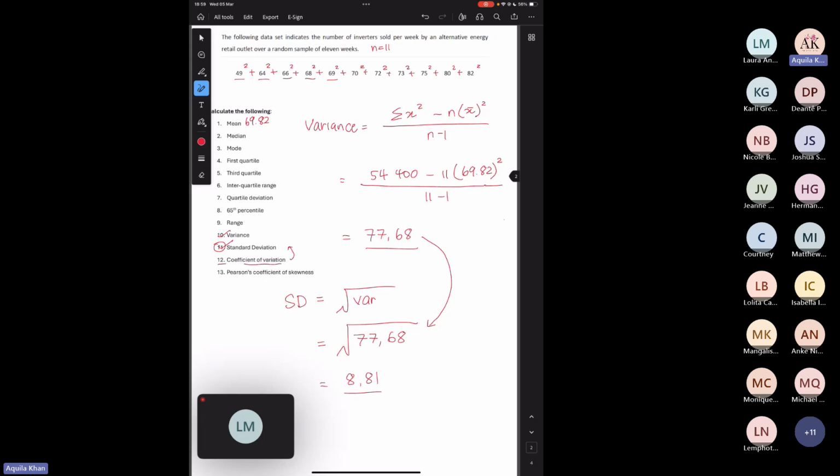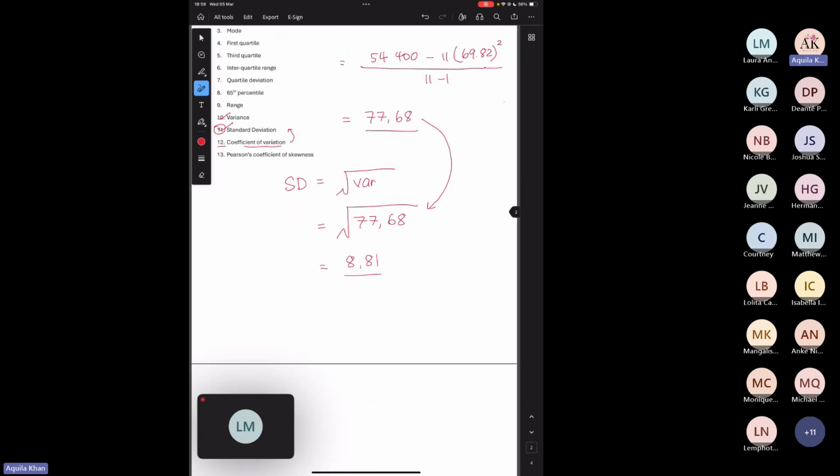Okay, so the next one, coefficient of variation, is also sort of based on the previous one, which is your standard deviation, and also the first one, which was your mean. So your coefficient of variation, which is often written as COV, is calculated as your standard deviation over your mean, and it's expressed as a percentage, so it's multiplied by 100.